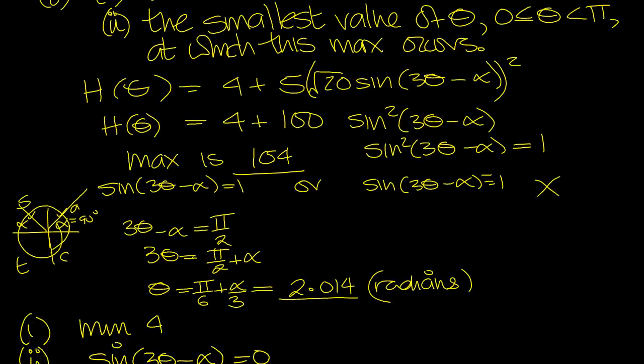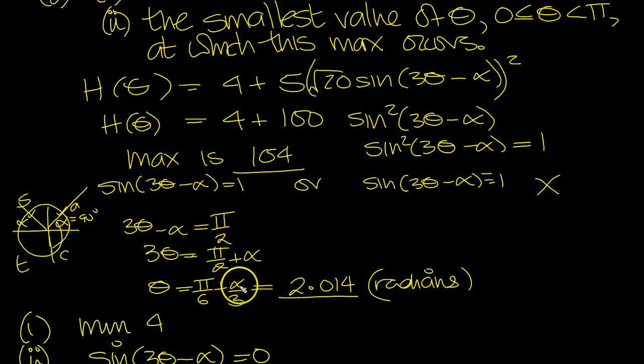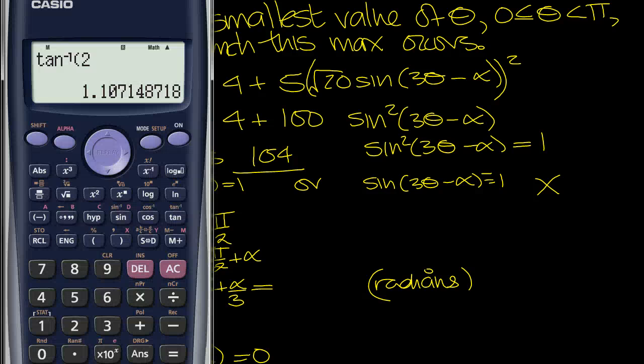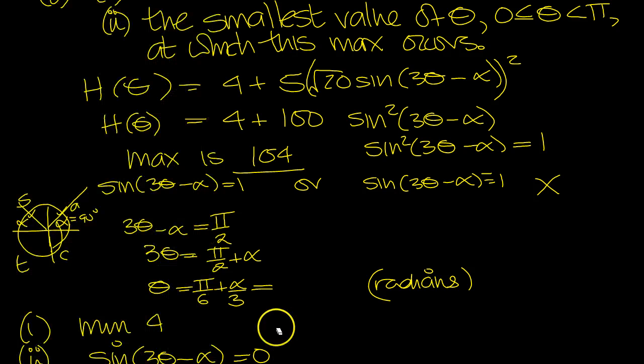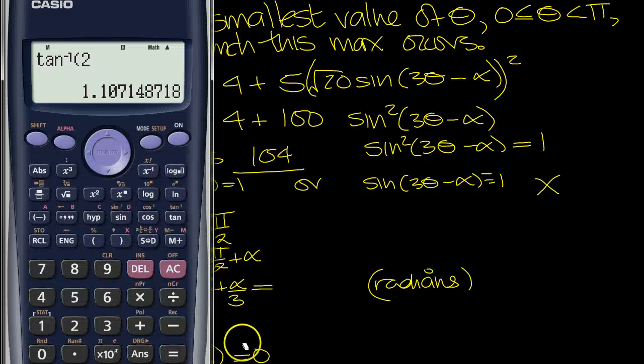And then here, I better work out this again, hadn't we? Before we go over. So there's alpha, so it's pi over 6 plus alpha over 3. So it's pi divided by 6 plus alpha divided by 3. That's 0.893.